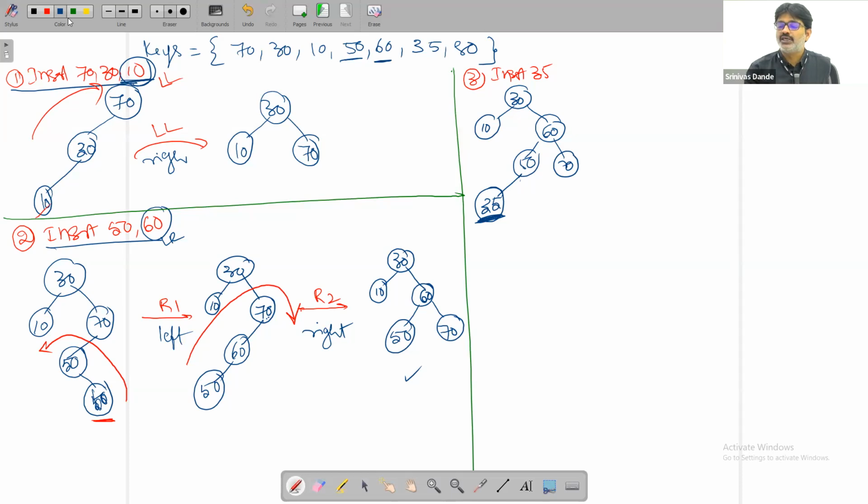Okay, this 35 insertion is causing LL, guys. I do LL rotation. LL rotation means it's a single rotation, right? LL is single only. Now do a single rotation. LL means you have to shift right side.